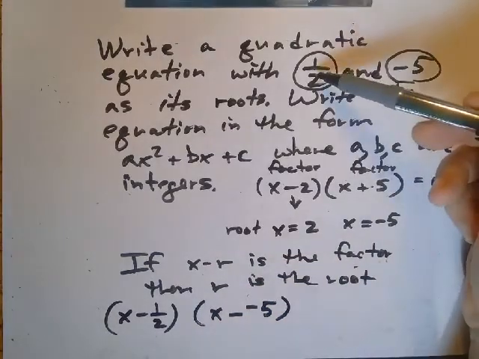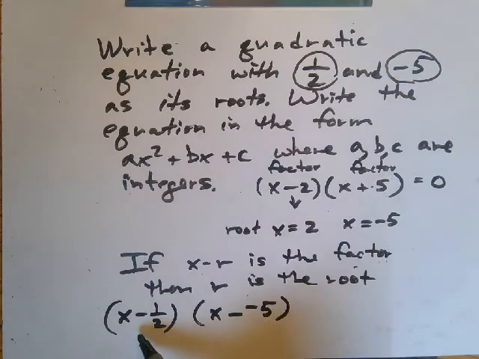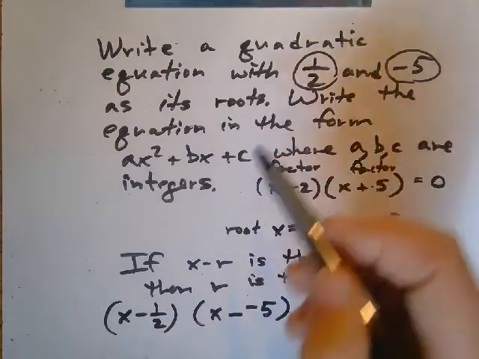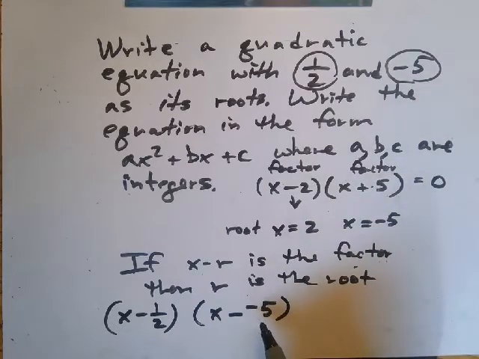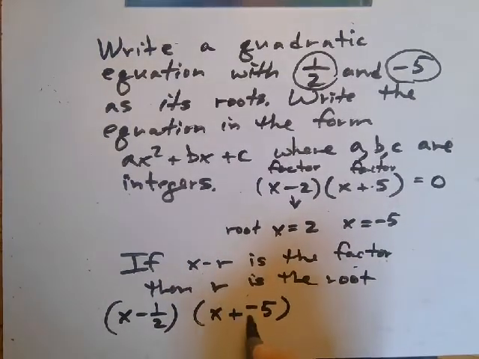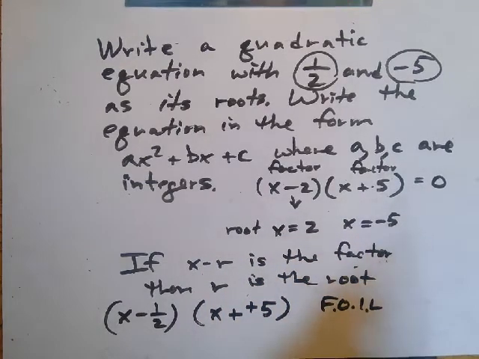Notice, if that's a root, then this is the factor. Roots, factors. If the root is r, the factor is x minus r. Now, there are two factors, and if we FOIL these, we'll get a quadratic.